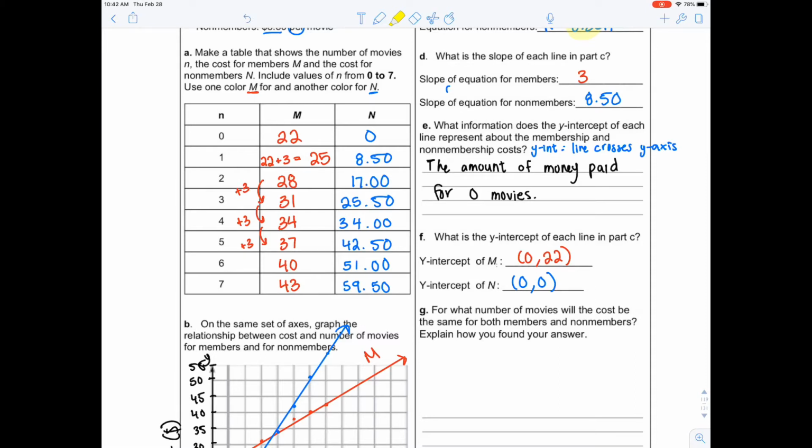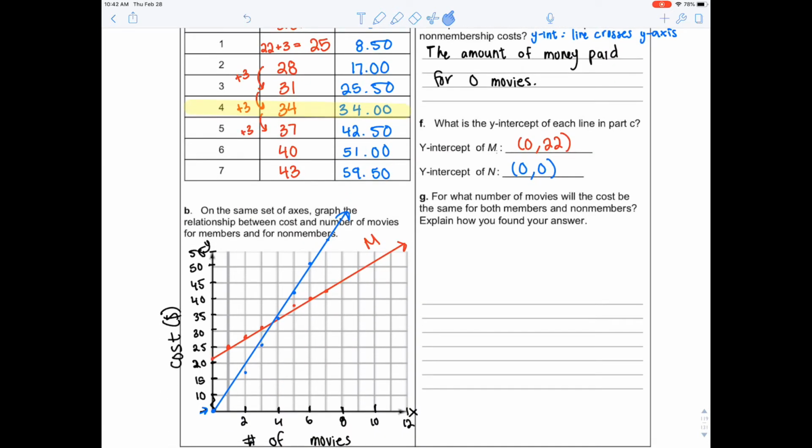Hey, look at this. Take a look at 4 movies. How much does 4 movies cost for each of the members and non-members? They're both $34.